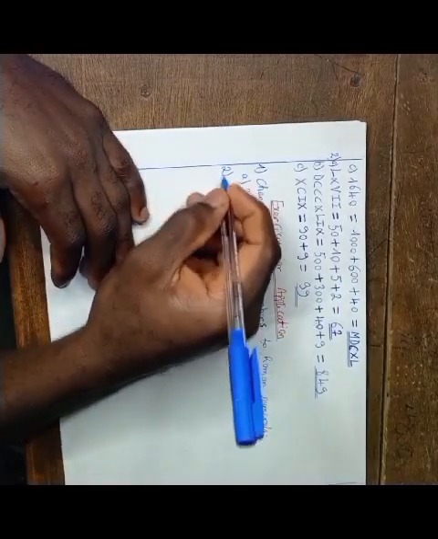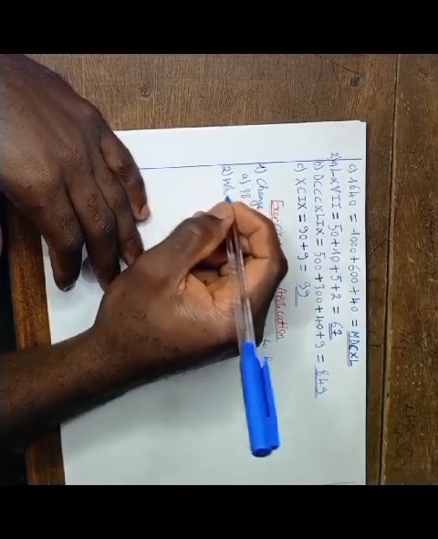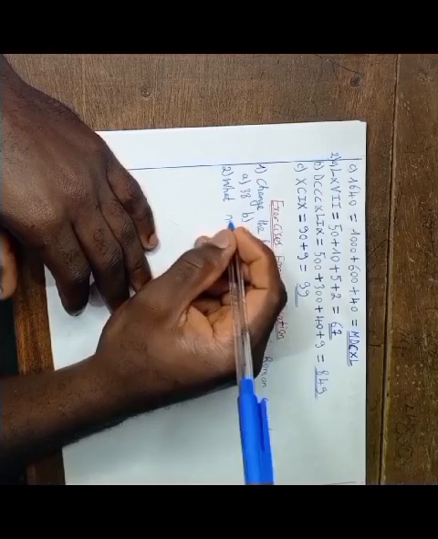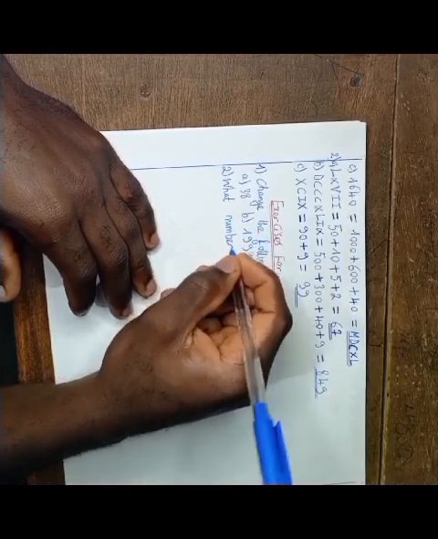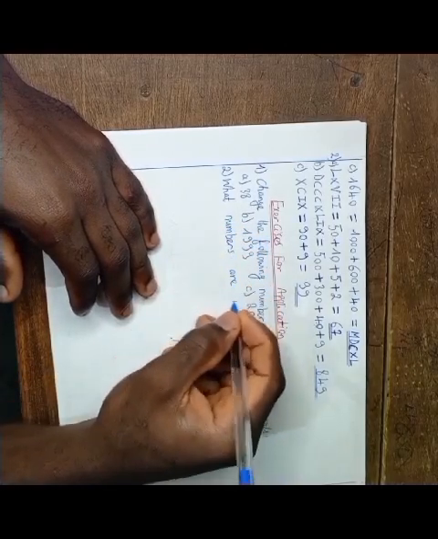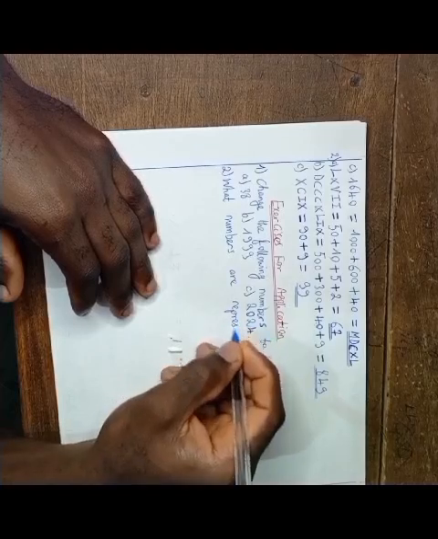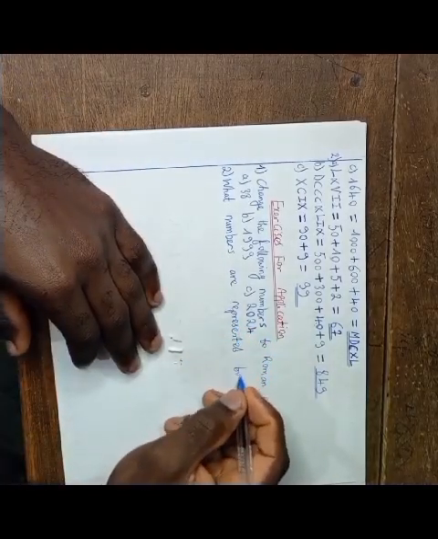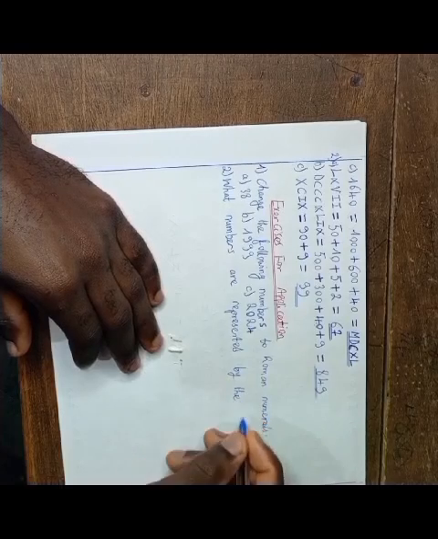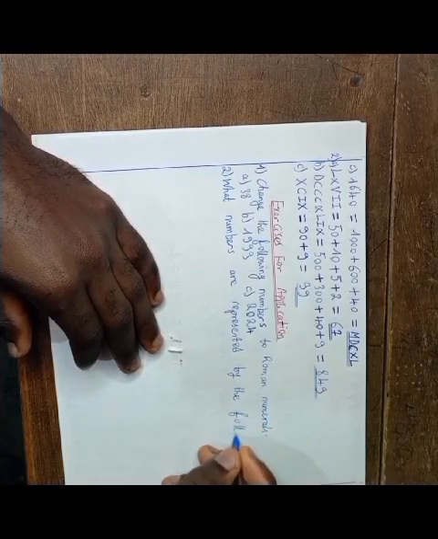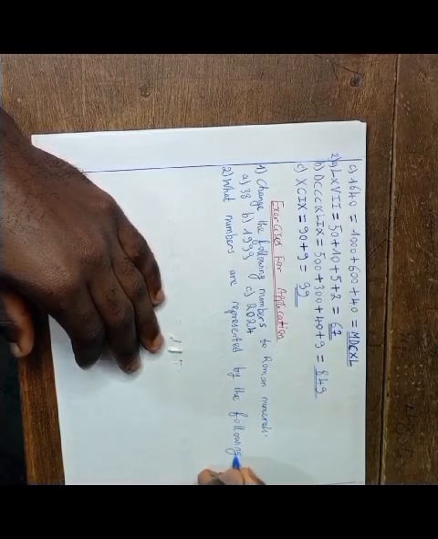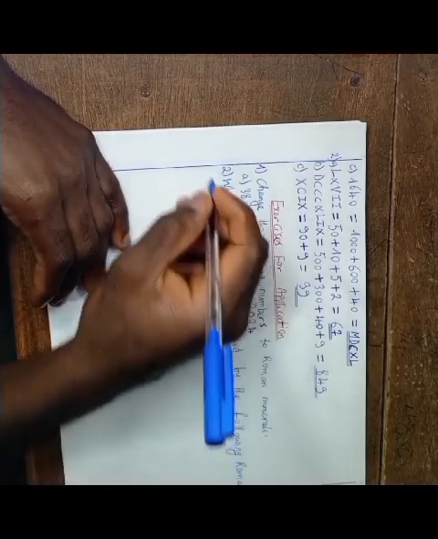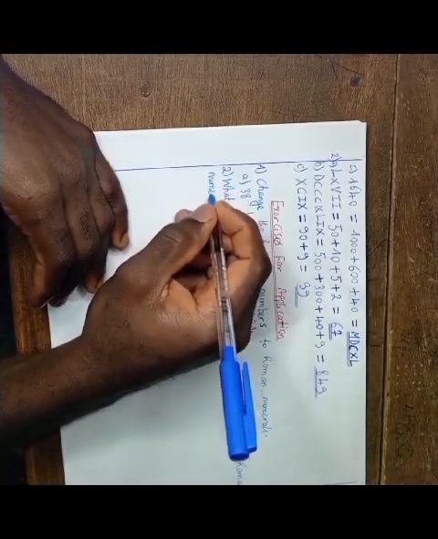Then question 2, what numbers are represented by the following Roman numerals?